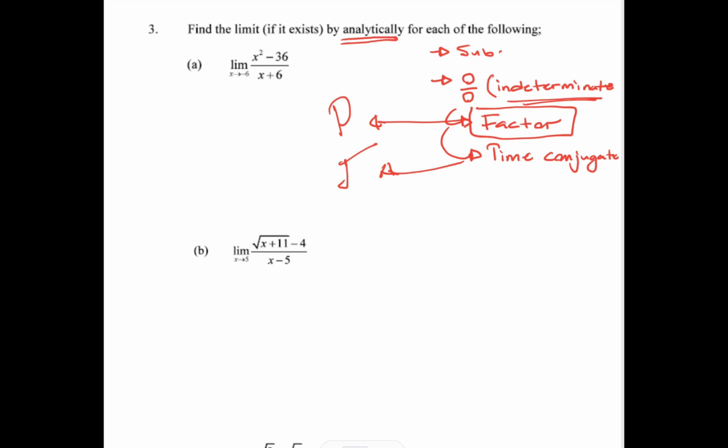Okay, now look at question 3a. We want to solve analytically the limit as x approaches -6 of x squared minus 36 divided by x plus 6. When we substitute directly, we get 0 divided by 0.